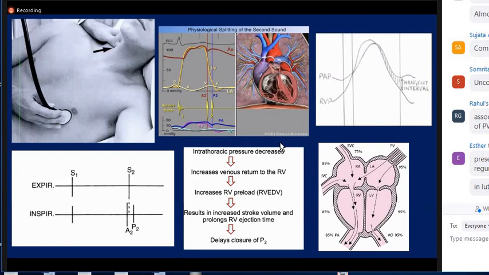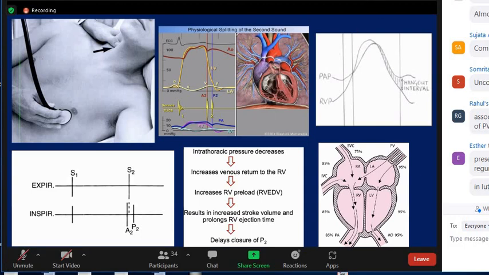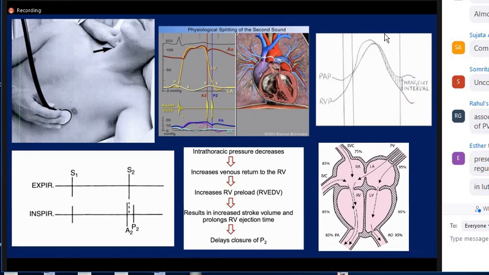This is because the right ventricular blood is ejected into the distal low resistance pulmonary arteries. The recoiling properties of the pulmonary arteries cause a drop in resistance there, and you will have a delayed closure time of the pulmonary valve compared to the aortic valve. Then you will have a wide split.